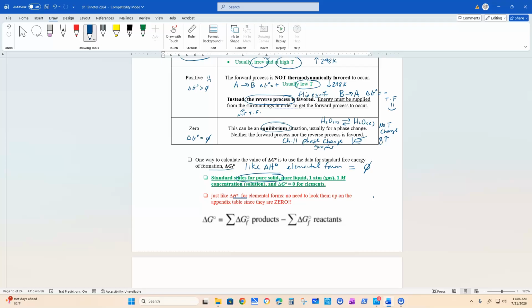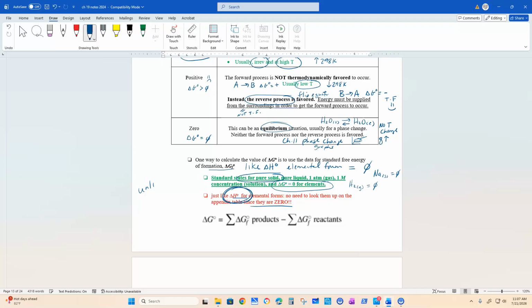So our pure solid, a pure liquid, 1 atm, 1 molarity, we don't have to look up any of these values, okay? So you have to remember when you see like H2 as a gas, delta G is going to be 0. You see sodium as a solid, going to be 0, just like delta H, okay? So don't waste your time looking up values for these.